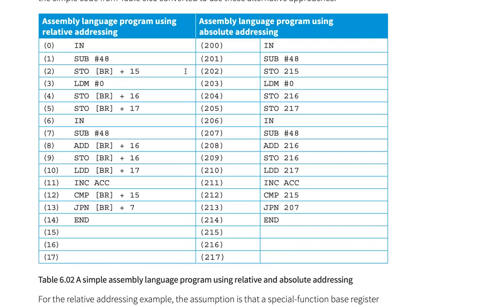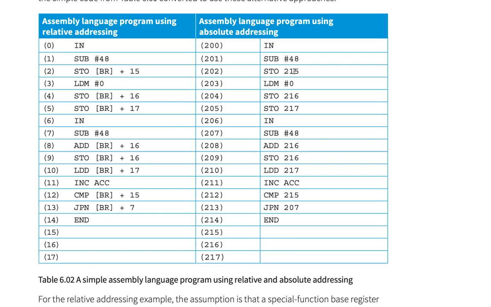Now, if my max is supposed to be 215, then my base register will be pointing towards 200. So basically what I'm talking about is 200 plus 15, which is my max place right over here. I'm actually storing the contents of my ACC into this location in my main memory.